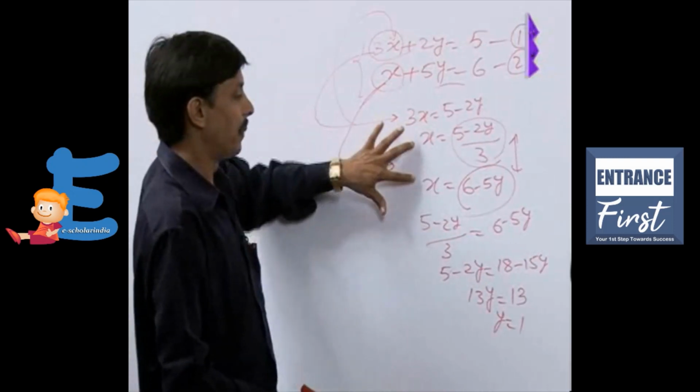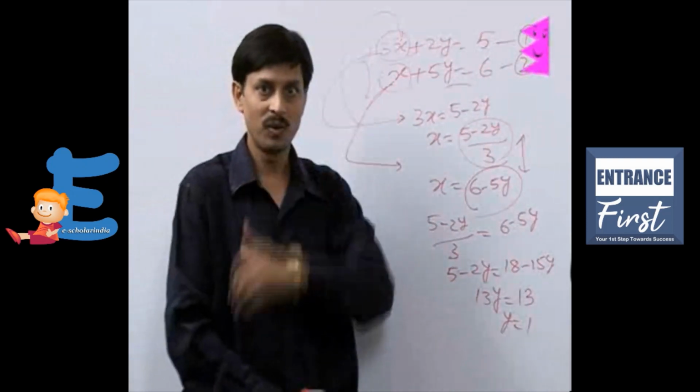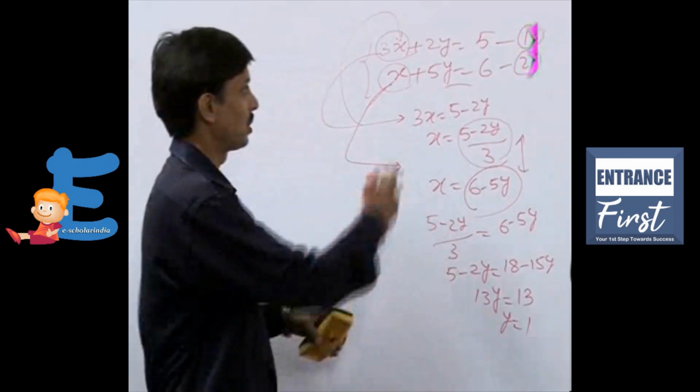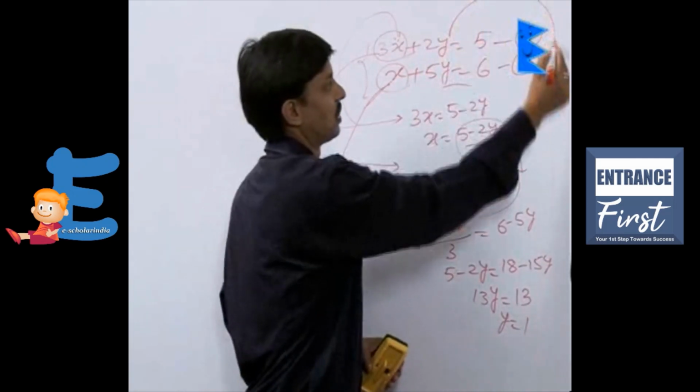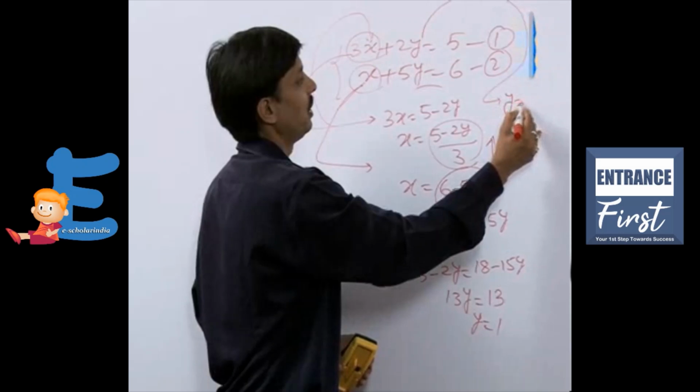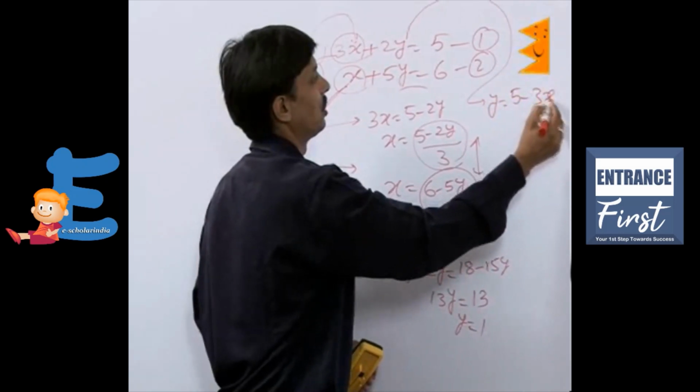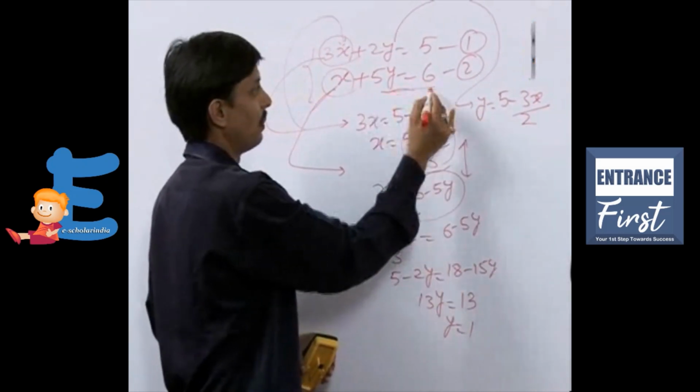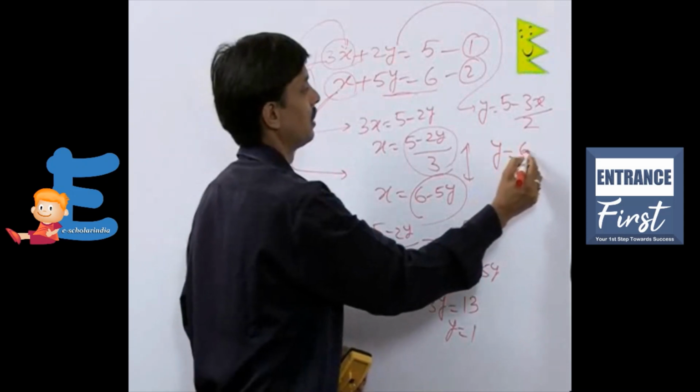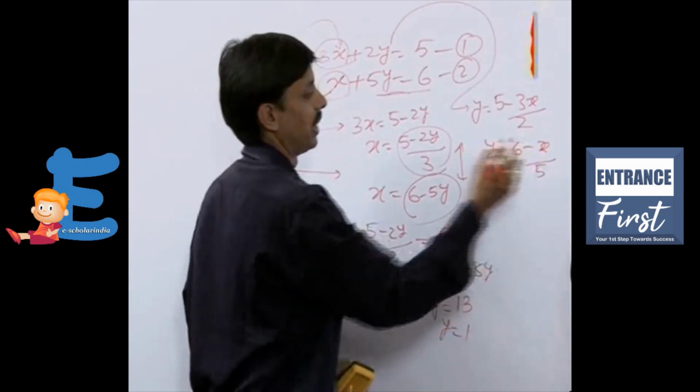Similarly, as we have compared x, we can compare y. If I ask you to compare y, what is the answer of y from here? Y is equals to 5 minus 3x upon 2, and from here the answer of y is 6 minus x upon 5.